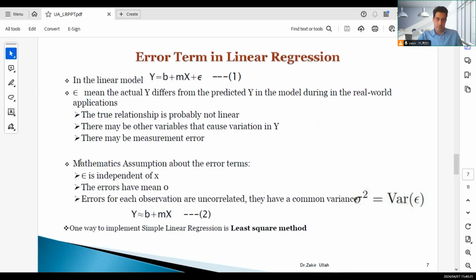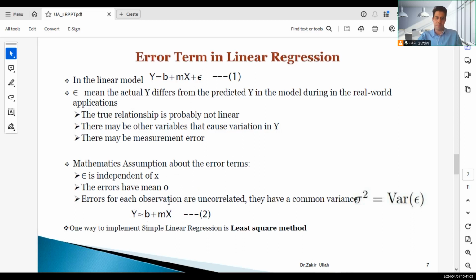There are some mathematical assumptions about the error term. It is independent of the observations, and its mean is 0. The errors of each observation are uncorrelated and they have a common variance. In most real-world situations, this error term is considered to be negligibly small, and hence the approximated model is represented as y = b + mx.